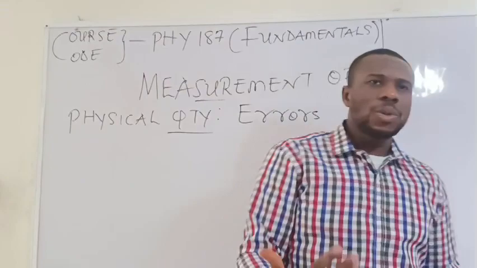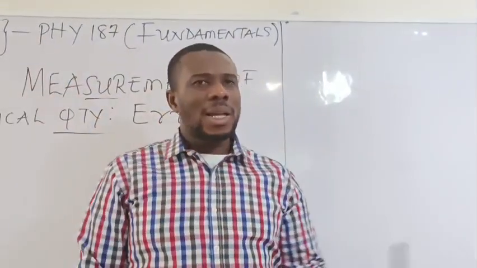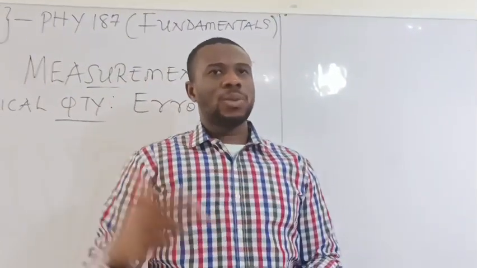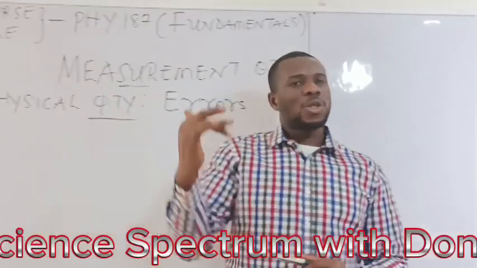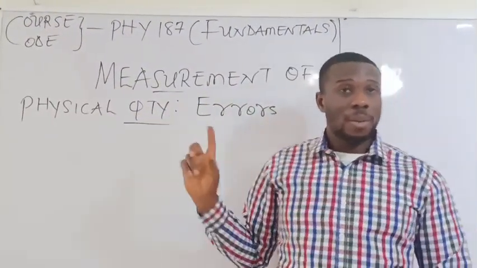We measure physical quantities in order to concretize our world. We have to be exact about the things we measure. It has to be the same for everybody. So that's the more reason why we make measurements.